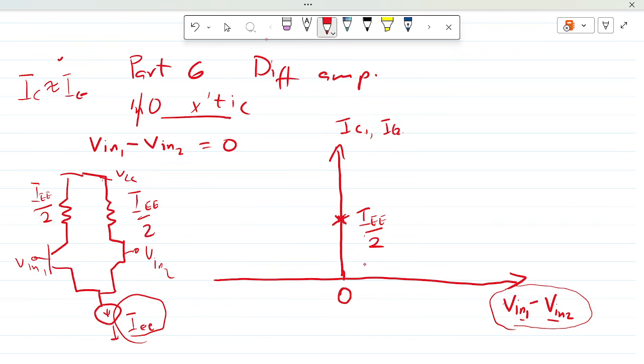But what if V in 1 is far bigger than V in 2?